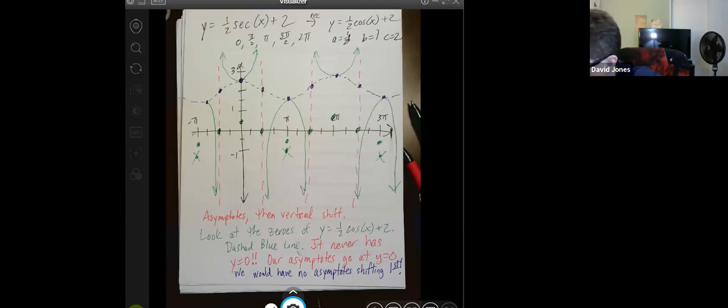So let's see. 3, 3, 4. 1, 2, 3, 4. Let's make that 12 pi over 12. So that's the halfway mark. That's 6 pi over 12. And that's a quarter point. 18 pi over 12.